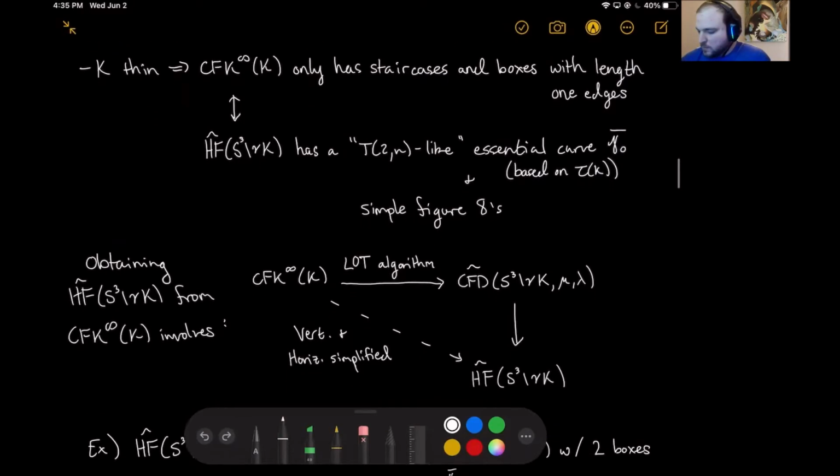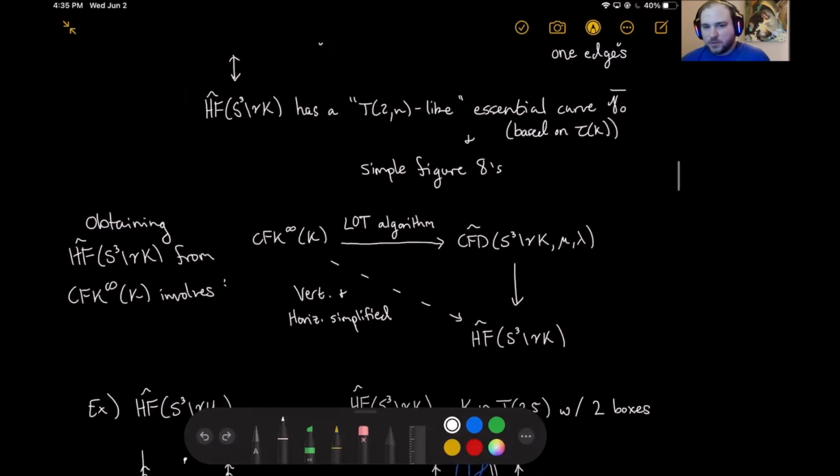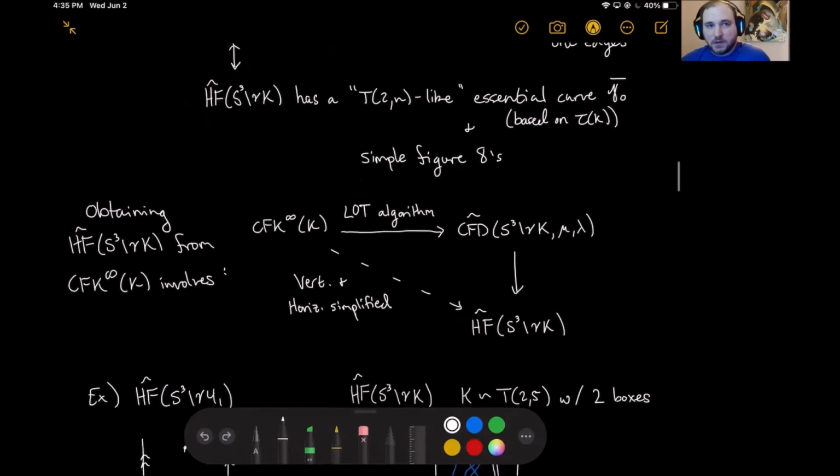And this isn't something that was really mentioned in part 1, but outside of the case when the directed graph for your type D structure of your knot complement is valence 2, there is a general LOT algorithm to construct the type D structure from the full knot Floer complex.